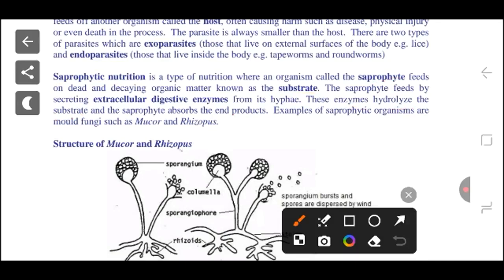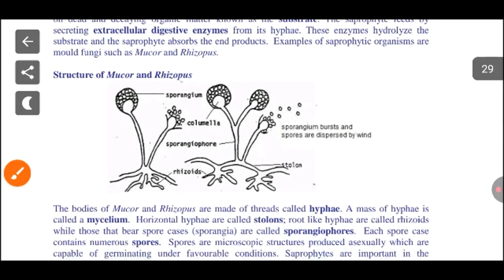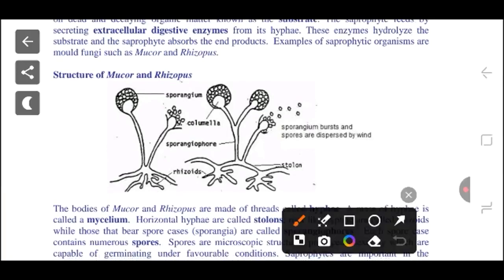Examples of saprophytic organisms are mold fungi such as Mucor and Rhizopus. First is the structure of saprophytic nutrition, which is Mucor and Rhizopus. You might ask this in the question paper.